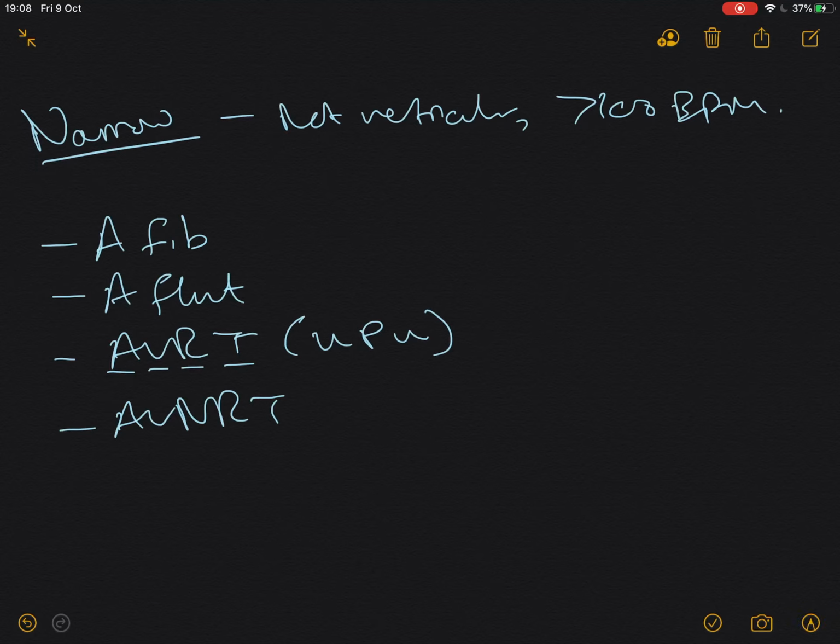We'll pair those together. You could have a premature atrial ectopic as well, and you could have sinus tachycardia. We're not going to talk about sinus tachycardia because the waveforms are completely normal, but rates over 100, and that's quite common and usually benign.